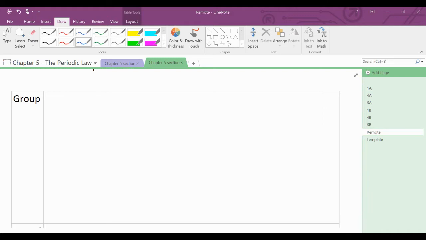So we're starting at the top of the column and we're working our way to the bottom of the column. All of our explanations revolve around what we know in terms of electron configuration. Here's what we observe, that electrons are going to occupy sublevels that are in higher energy levels as we go down a group.